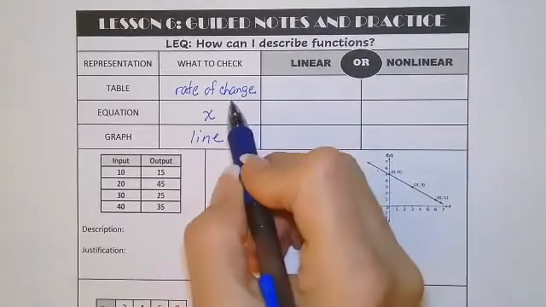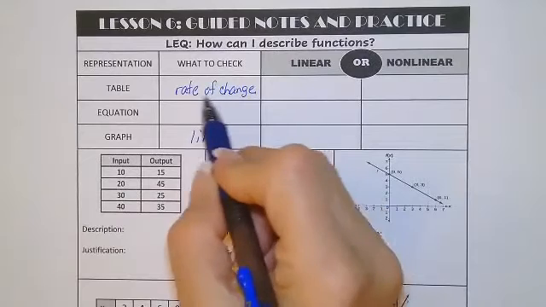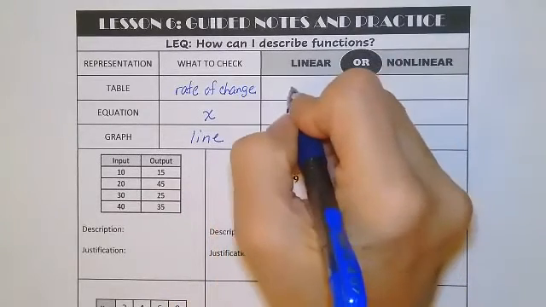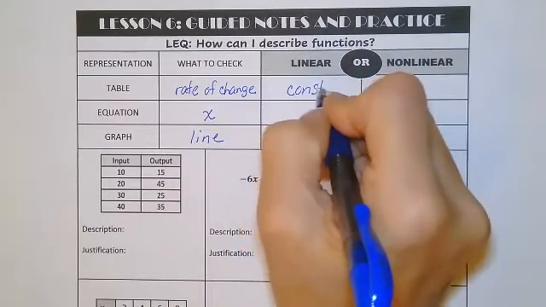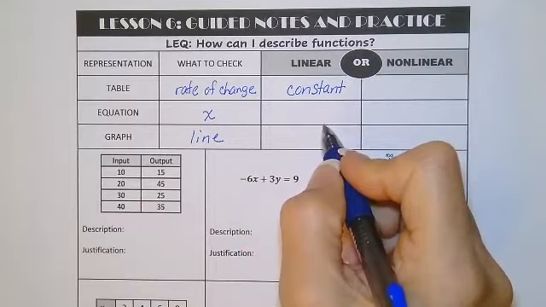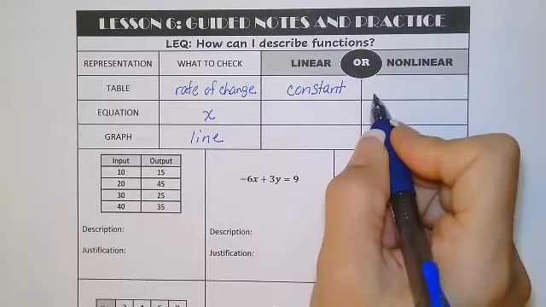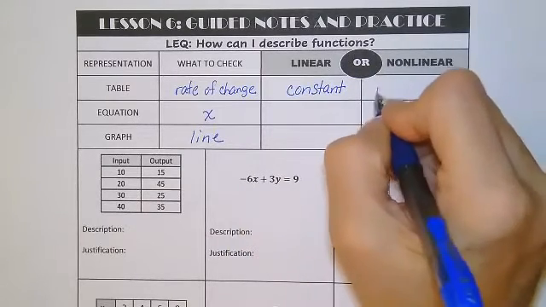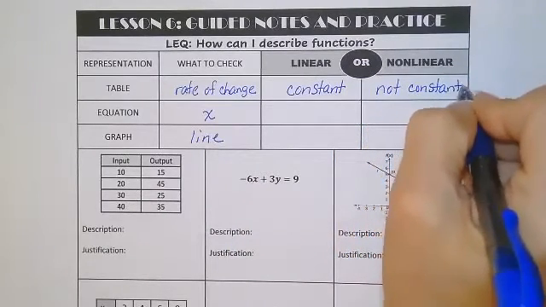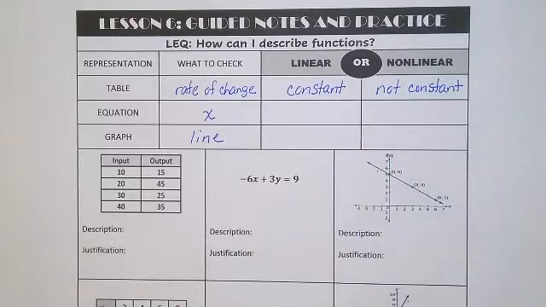Okay, so if our table had a constant rate of change, then it was a linear function. If the rate of change was not constant, then it was nonlinear. Equations, if x had an exponent, it was nonlinear.